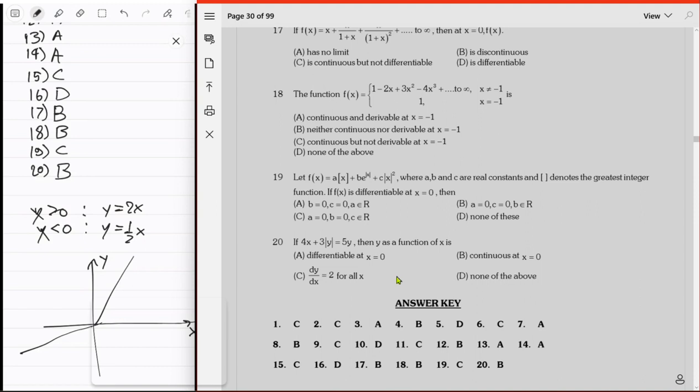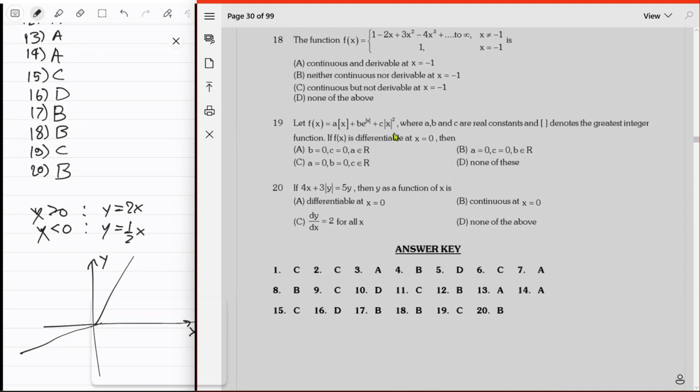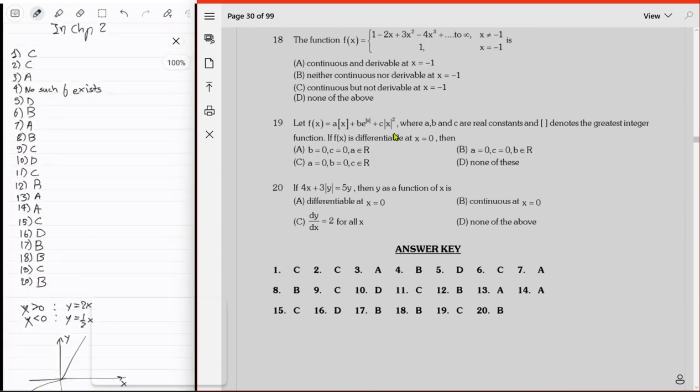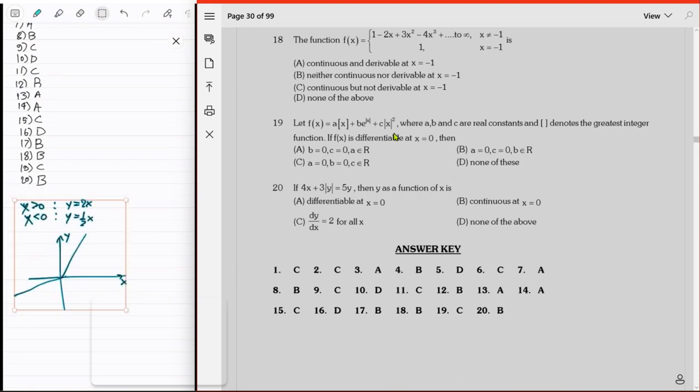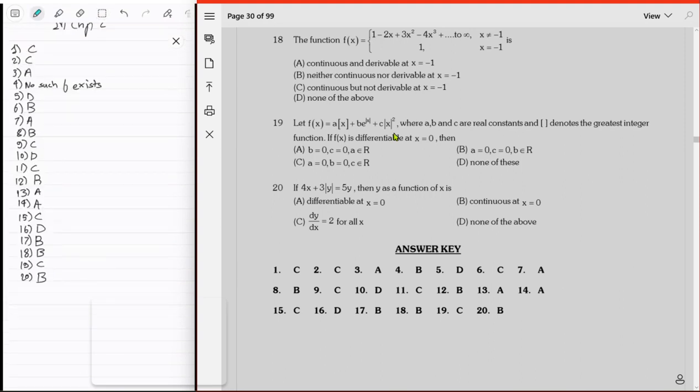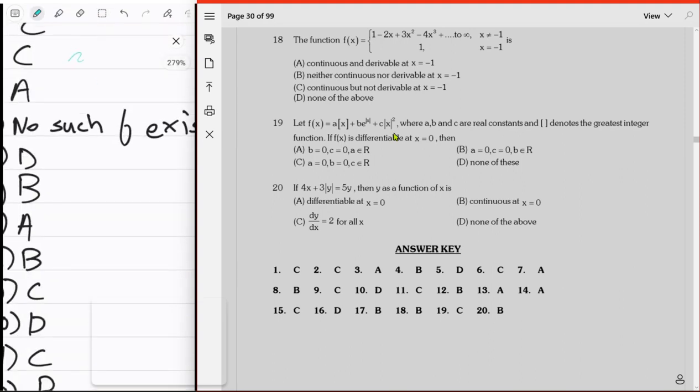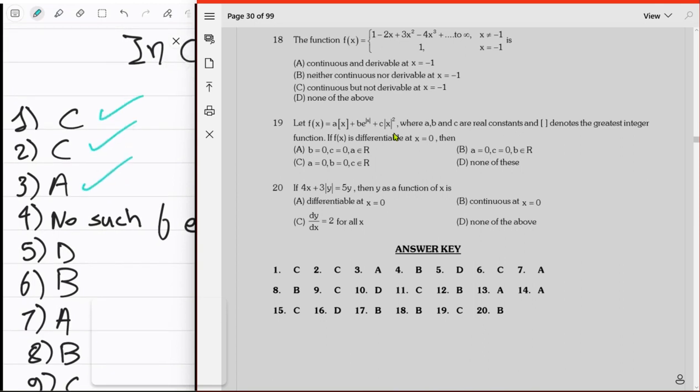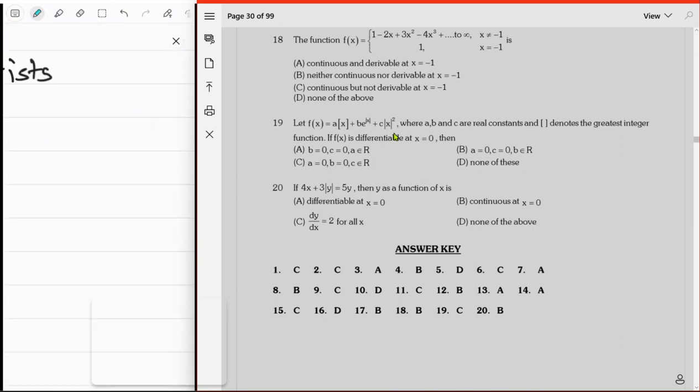So 20 is done. Let's check the answers. So first C, second C, third A, fourth B. I don't know what this thing is.